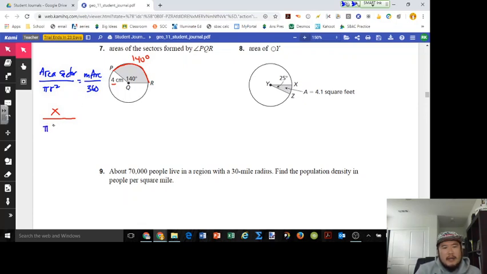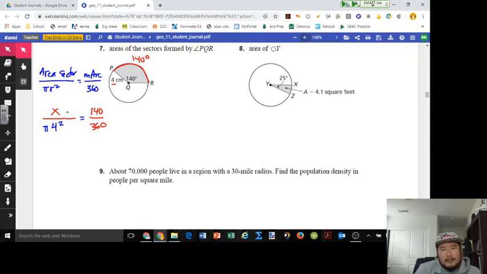We can go ahead and plug things in to find the area. It's going to be pi times 4 squared, and that's equal to 140, the measure of the arc, divided by 360. All right, so now we have all our pieces. We cross multiply, we simplify, and you solve for the area of the sector.